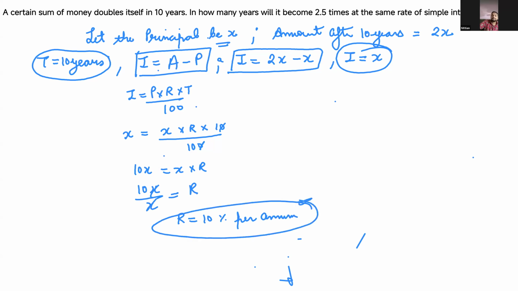So I got the rate as 10% per annum. Understood? The x is multiplied with this R, it will go and divide, so x and x will cut. So I got the rate as 10% per annum.